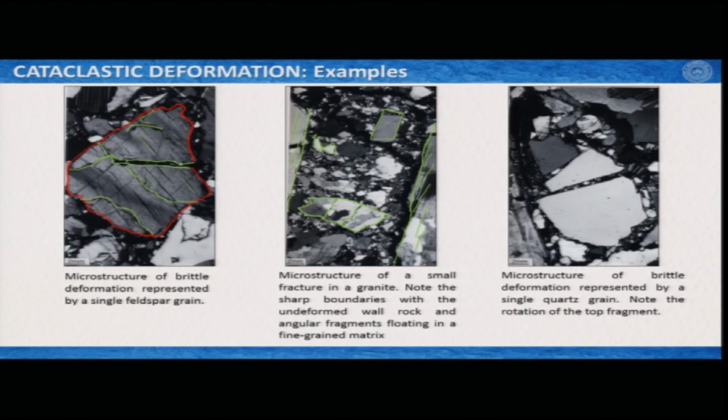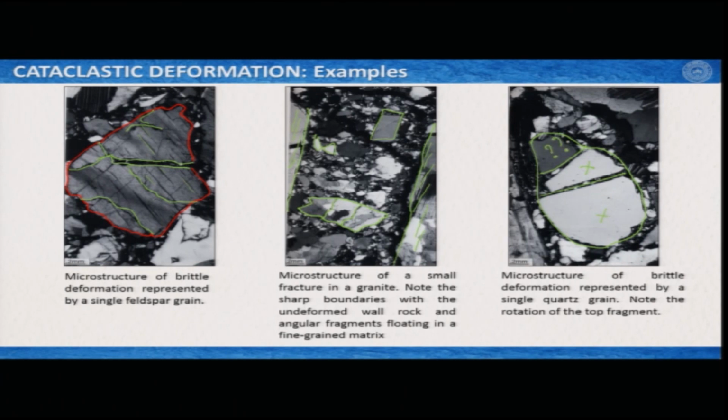Now, this is again a quartz grain, and it was probably a single crystal like this, and then it produced fractures here and here. So, this is also cataclastic deformation, and we see it at microscale. The color here and here is very similar, but here it is a little different.